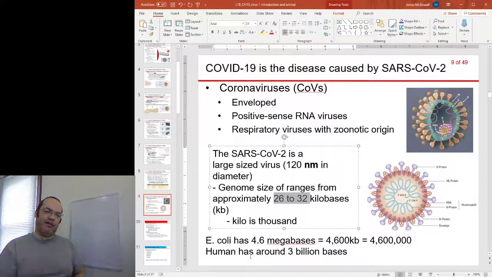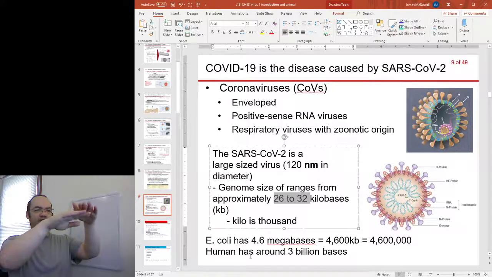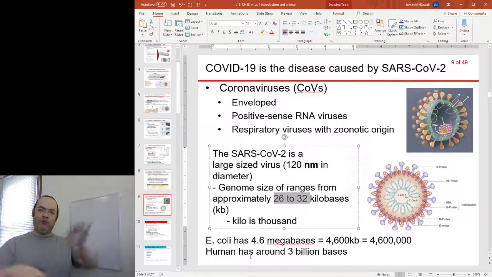That Pandora virus I mentioned earlier as being an unusually large virus has 2.5 million bases. So a base, that is our A's, T's, G's and C's. So you can read the human genome as A's, T's, G's and C's. 46 chromosomes, you would read all those letters, there'd be about 3 billion of them. You would read all the letters in an E. coli, there'd be around 4.6 million. You would read all the bases in our SARS-CoV-2, there'd be about 30,000.